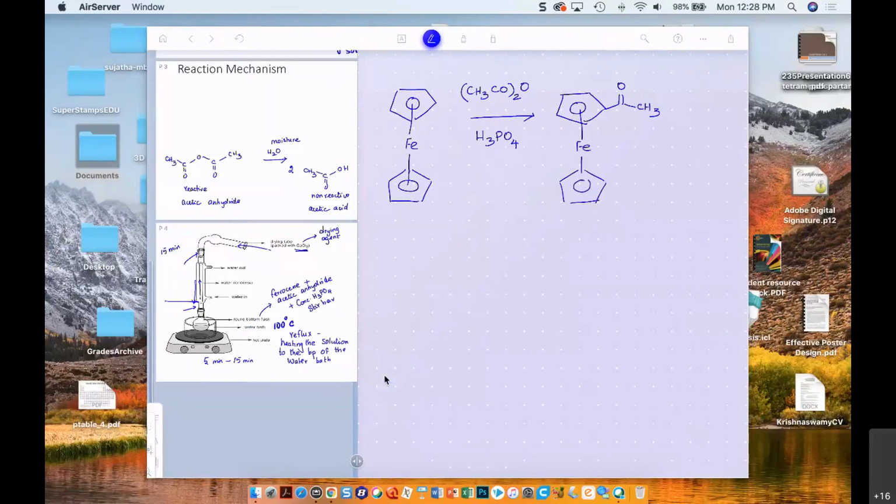Now, the question is, you get some side product. The side product places an acetyl group. So I'm going to call this ring 1, ring 2. So the side product places the second acetyl group on the bottom ring. This is what you may get as a side product. This will be a minor amount. What you will not get is this side product.